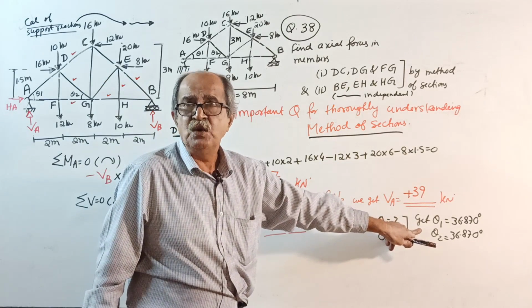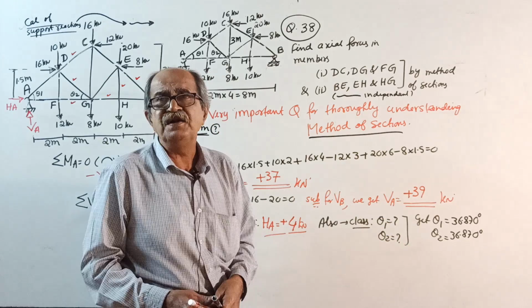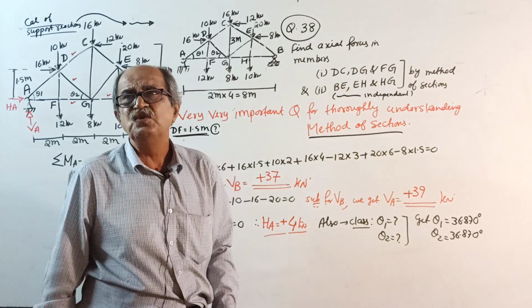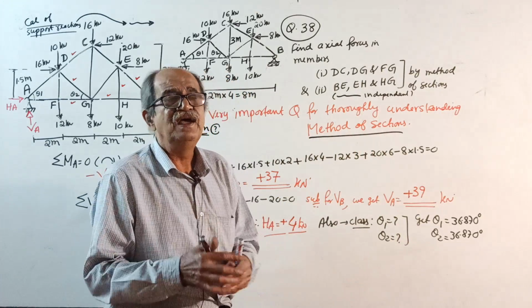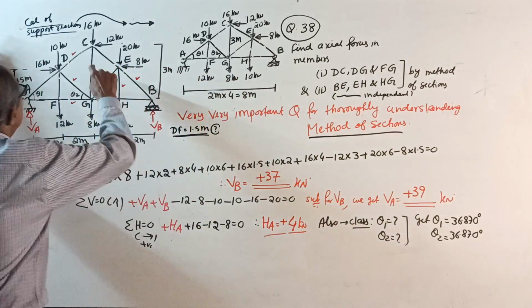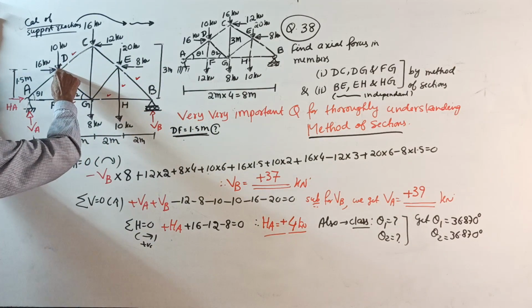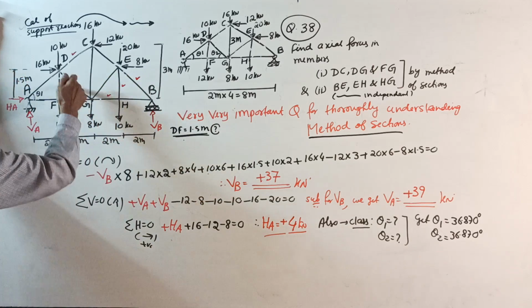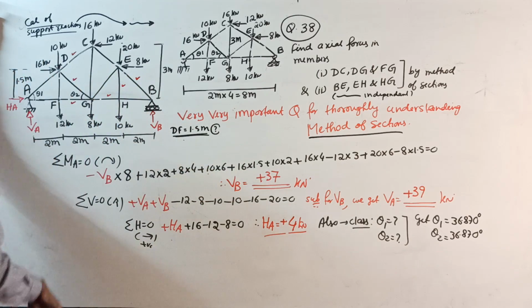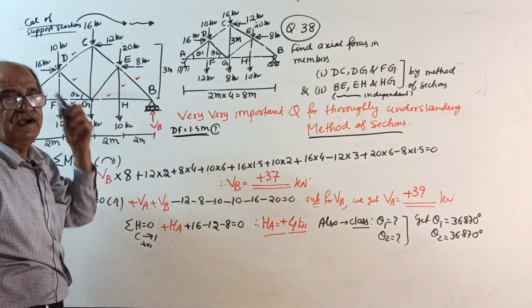I told it on the board, not written, because it is high school level mathematics. You get the answer for the angle. So later, when I consider this DC member with the horizontal, I will mark an angle of 36.87 degrees. Even for this member also, I will mark 36.87 degrees.